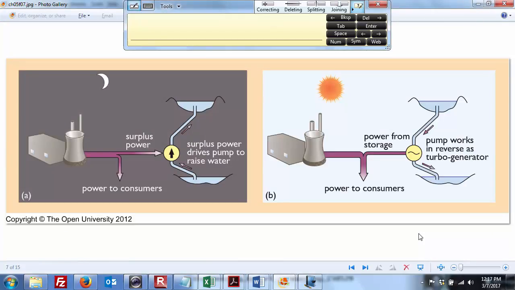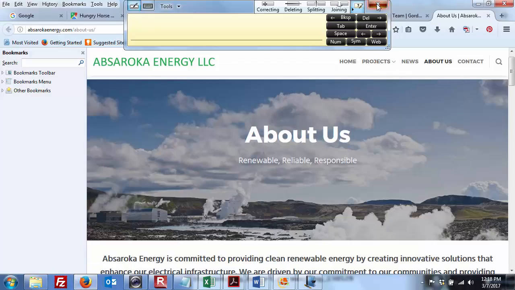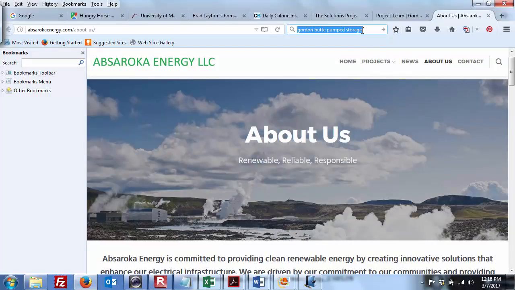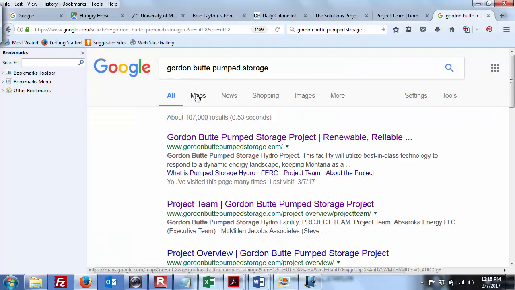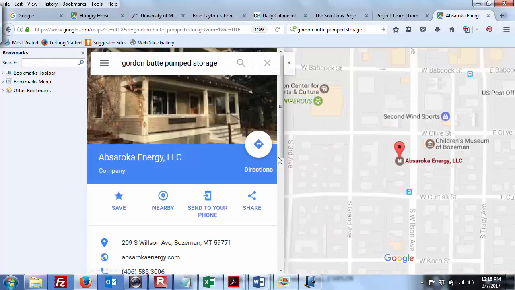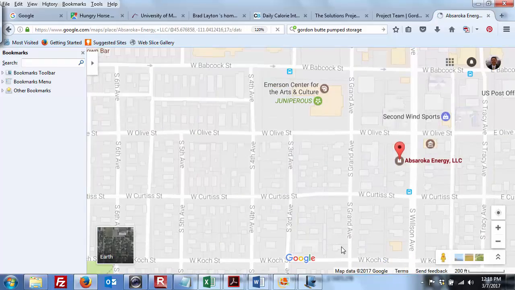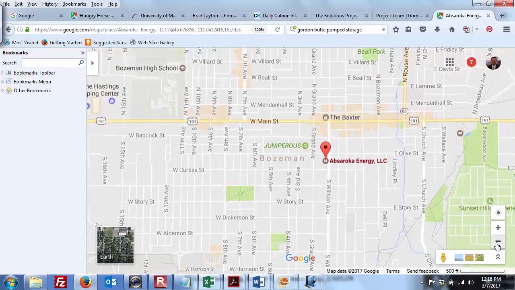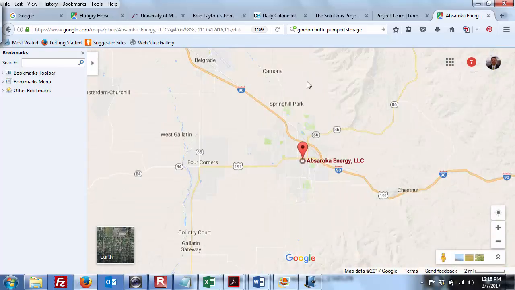It's Gordon Butte, and it's going to be southeast of here. I want to say it's kind of equidistant from Helena and Bozeman. Yeah, I think if we go out to maps, it might show us exactly. If we did field trips, we would go. Yeah, Gordon Butte.